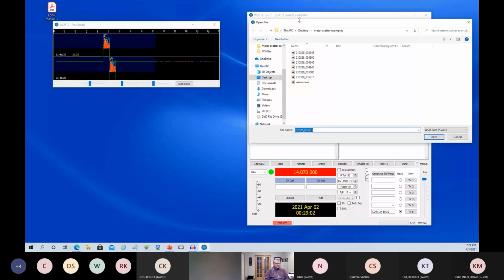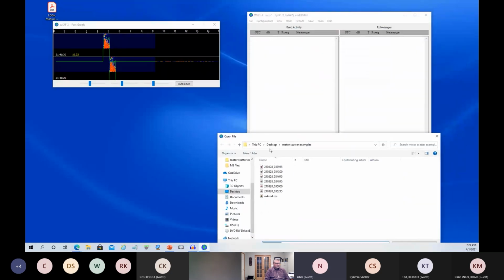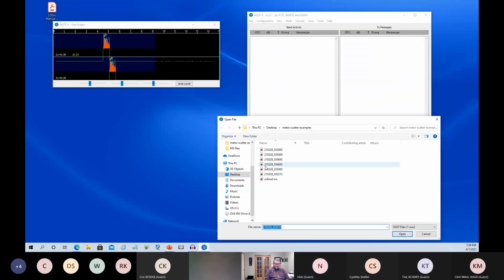So what you're going to see in the left window is a graph of the meteor scatter signals coming in. And on the right, you'll see the decoded meteor scatter. So first one.